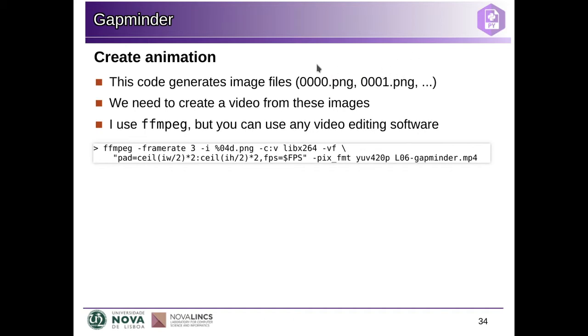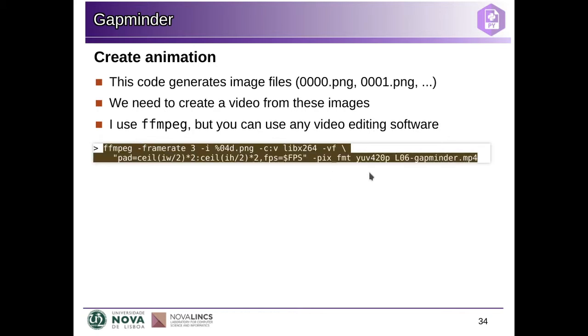And then we need to create a video from these images. This is something you don't have to do with Python. It's actually a lot easier to do with video editing software if you want to. I generally use FFmpeg. It's a useful program, at least in Linux. It's easy to use, and you can just look up on the internet what kind of parameters you can add. This is the example for the actual video I'm going to show.